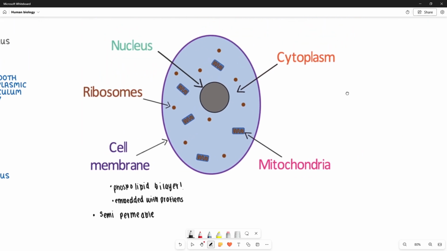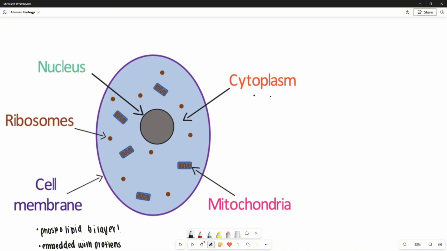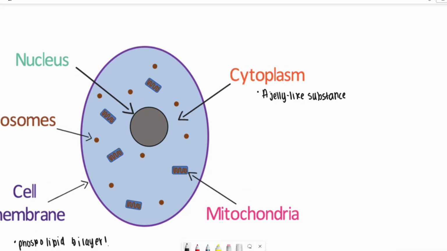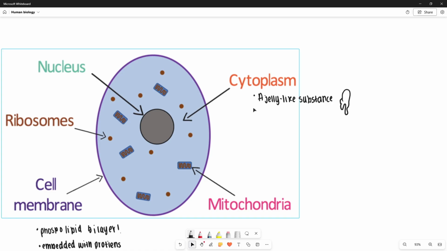Now let's talk about the cytoplasm. That's another thing you might remember from GCSE. The cytoplasm is a jelly-like substance. So let's write that down. A jelly-like substance. It's a little bit gooey, like that. This is actually the site of metabolic reactions.